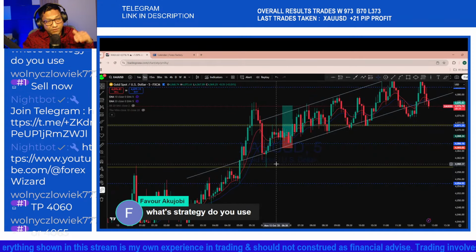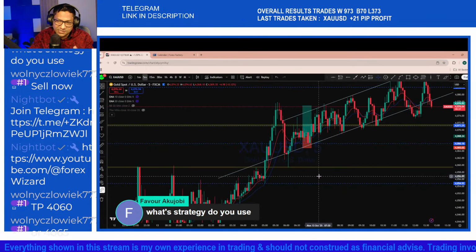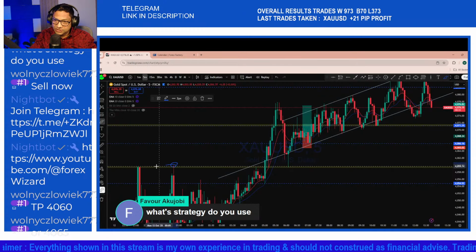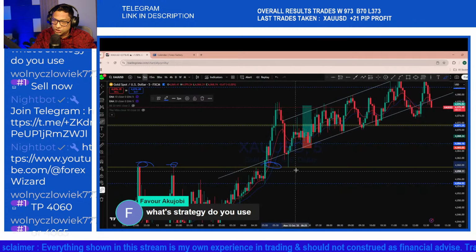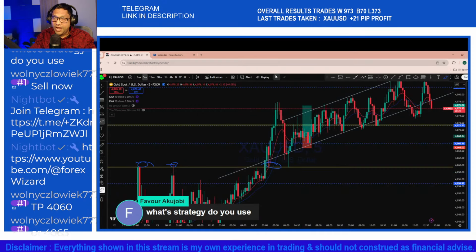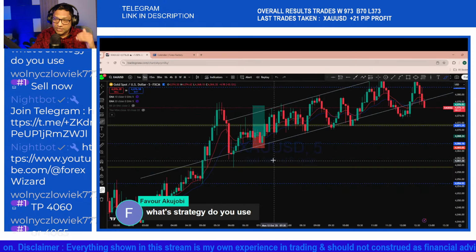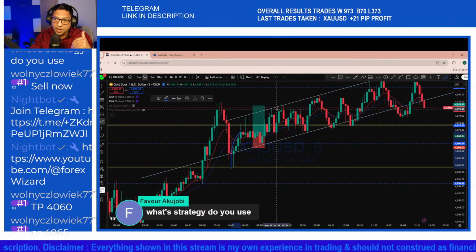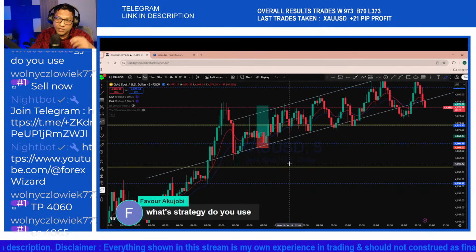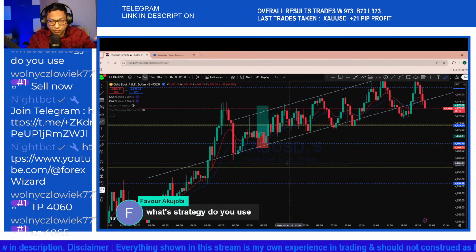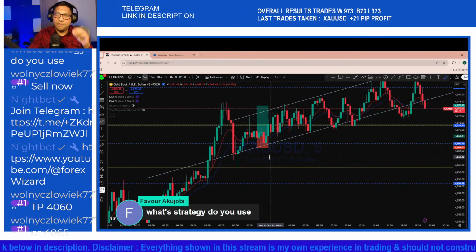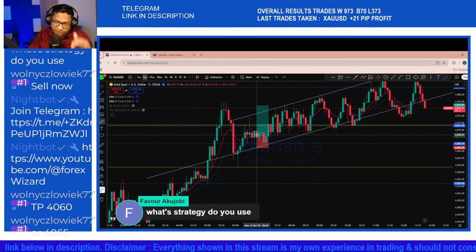The mirror level is very important because the same level acted as a resistance and turned into support. The market showed a complete rejection from that level, which shows that this level is strong and the market may hold on to that level later.